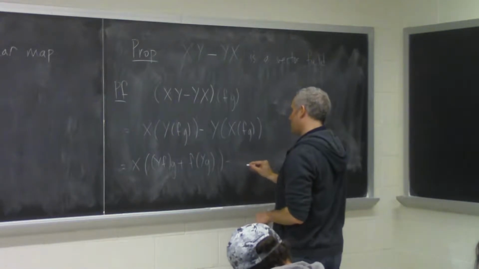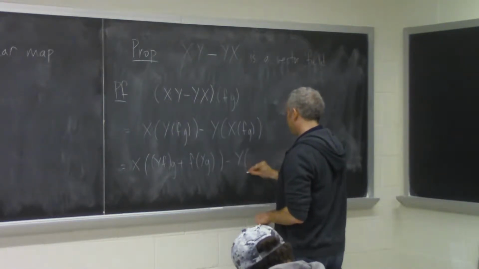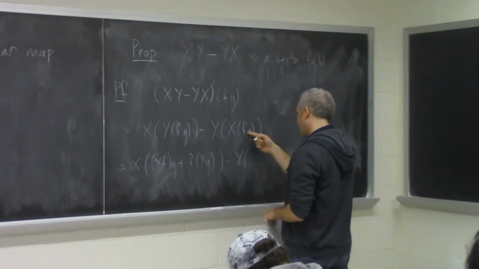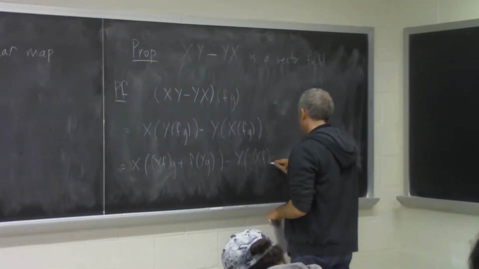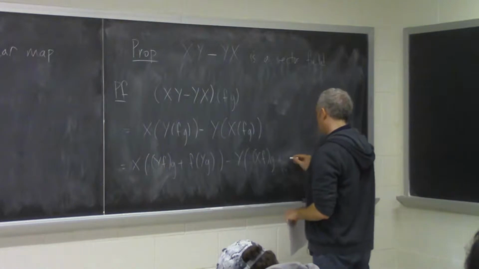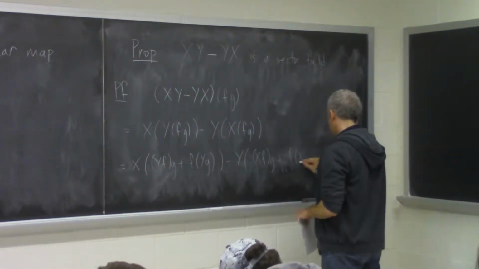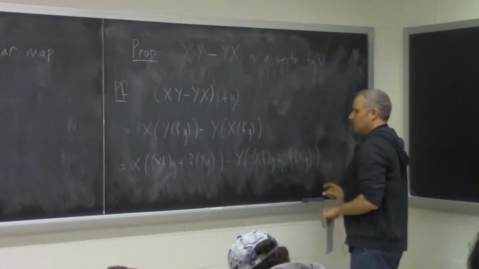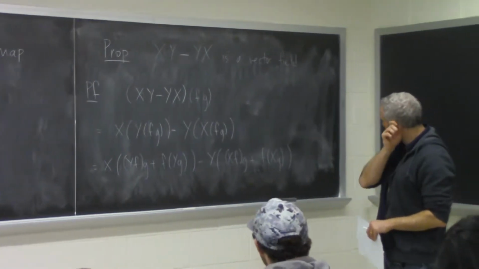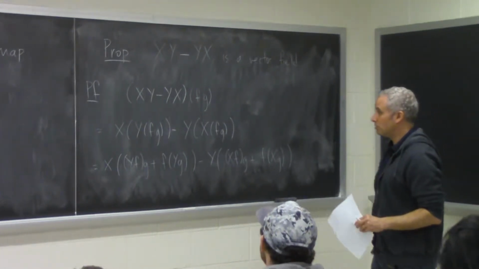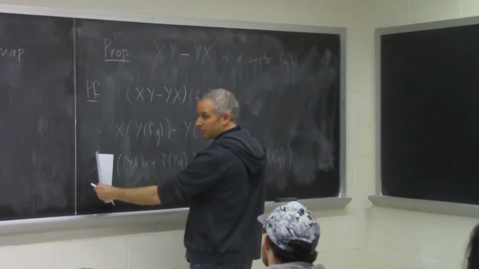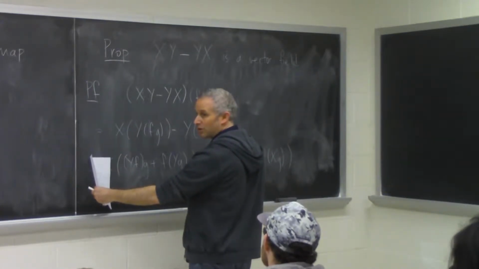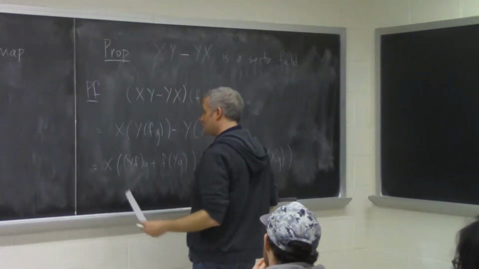And then we subtract Y, and then we apply the product rule for X, and we get X acting on f times g plus f times Xg. Good. And what's in the brackets, there's nothing else we can do there. We don't know anything more about Y besides it's a vector field.